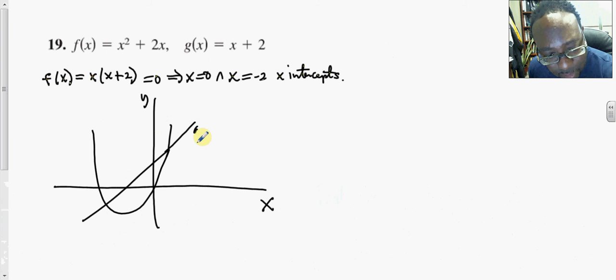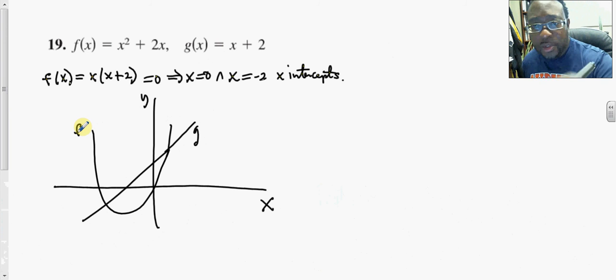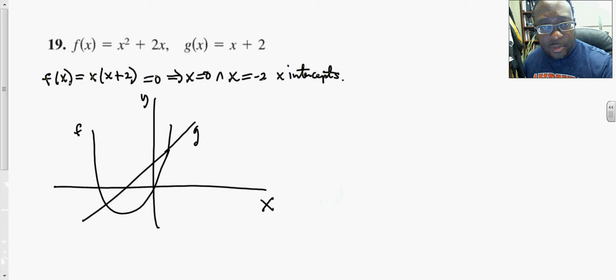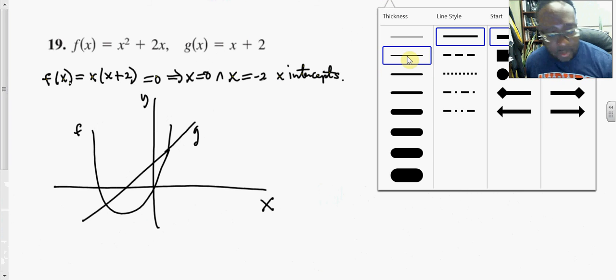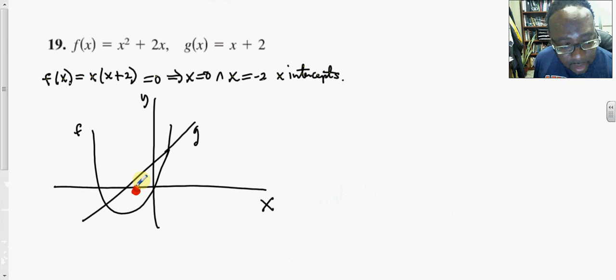So the line is g and f is there. So the area that we want to calculate is what I'm going to shade in terms of this redness.